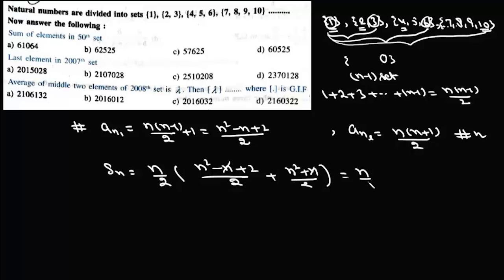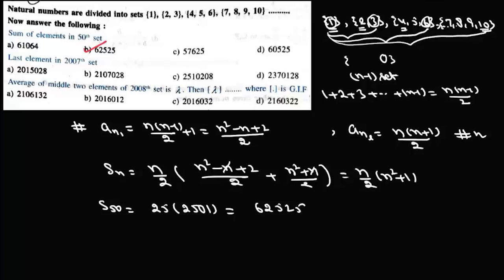So we'll get this as n by 2 into n square plus 1. Now S50 will be simply 25, and this is 2501, which is 62525. And that's your option B.